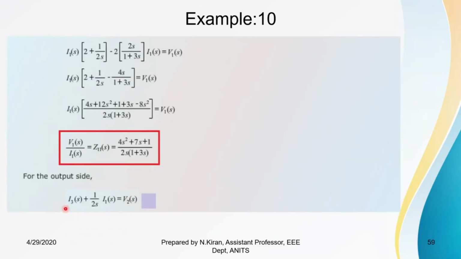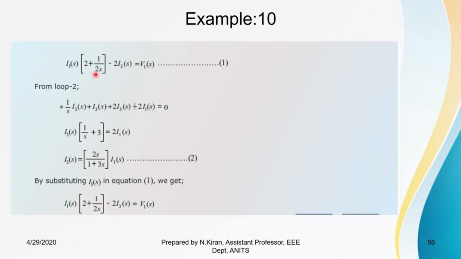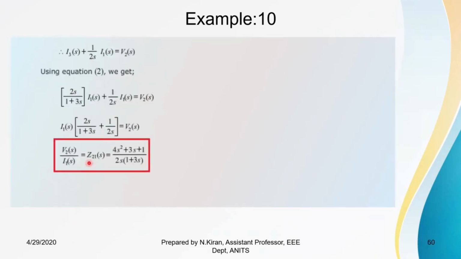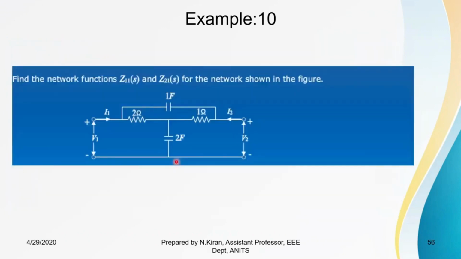So V2 is the voltage across the resistor plus the voltage across the capacitor. Using the second equation, if we substitute here, it gives the value of Z21, which is V2 by I1 of s. On simplification, we get (4s square plus 3s plus 1) by 2s into (1 plus 3s). This is how we find Z21 of s as well as Z11 of s for this network.